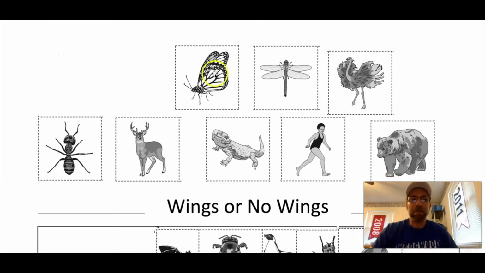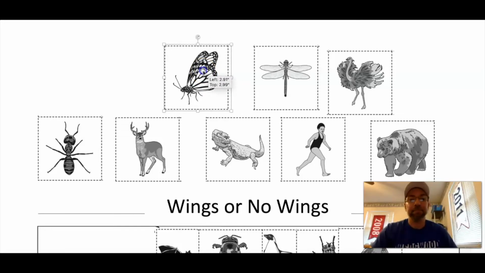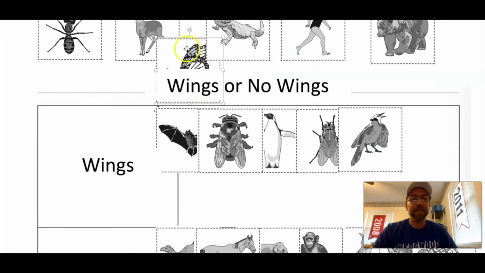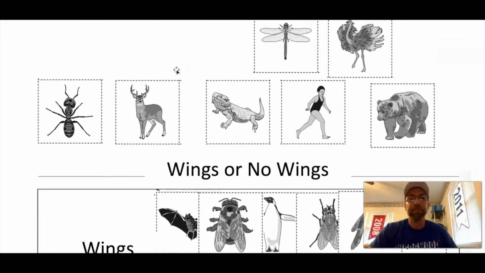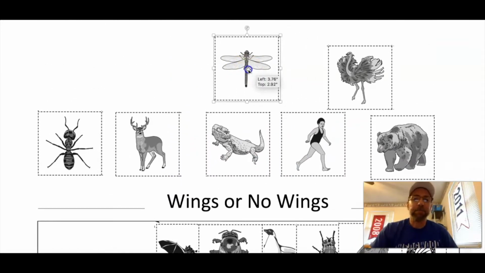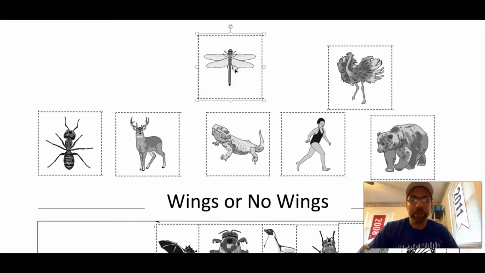And now we have a butterfly. Does the butterfly have wings? The butterfly has wings too, so we're going to add that into our wings category. How about the mosquito? Does the mosquito have wings?